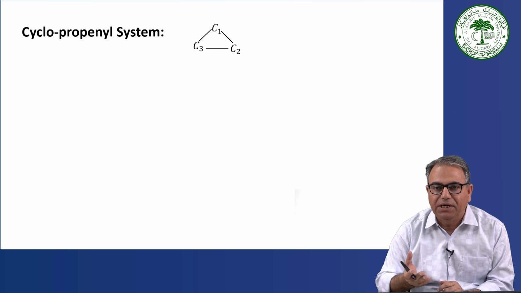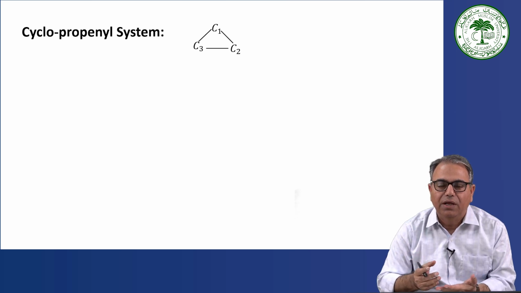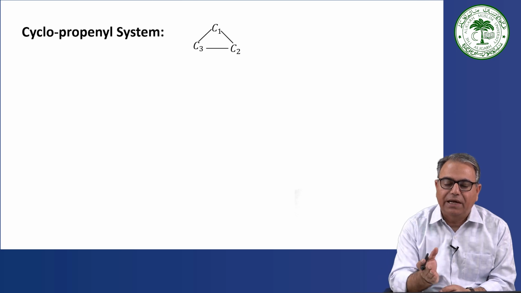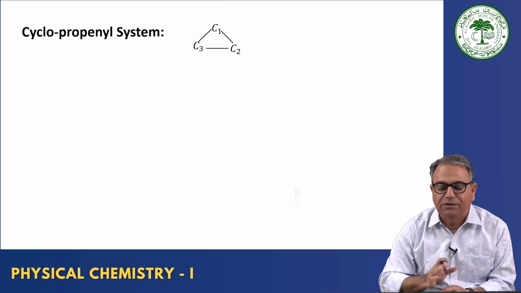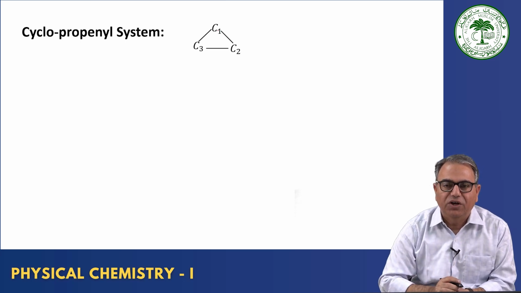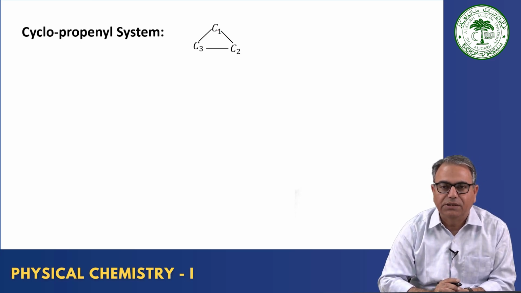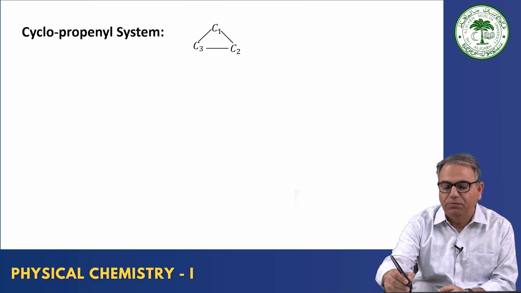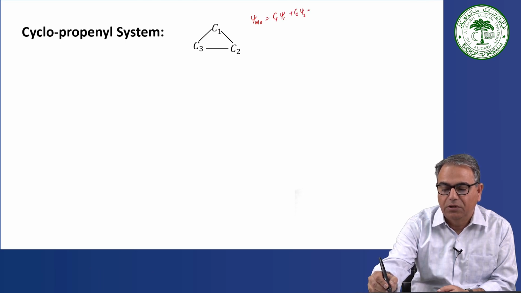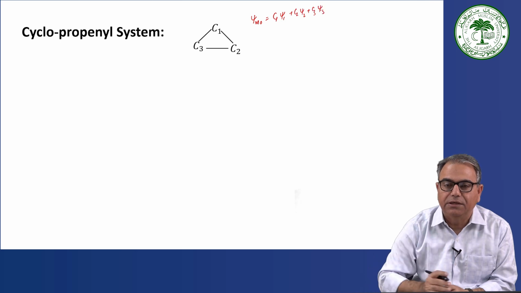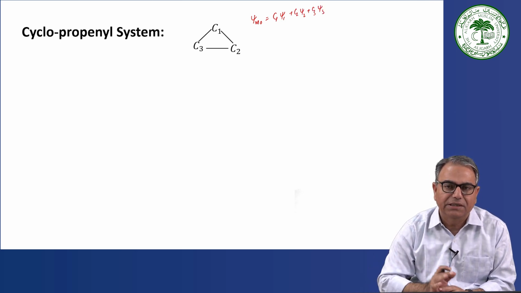You consider the plane of the board to be the plane of the molecule, and the pz orbital which is present is one lobe above the plane of the board and another lobe below the plane of the screen. So you have pz orbital at C1, at C2 and at C3. So your psi MO should be C1 psi 1 plus C2 psi 2 plus C3 psi 3, exactly similar to the case of allyl system.